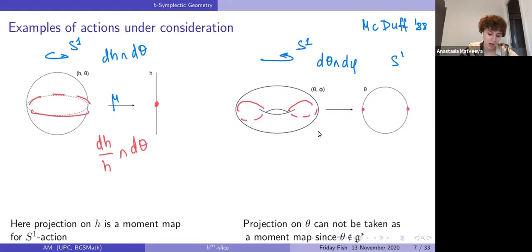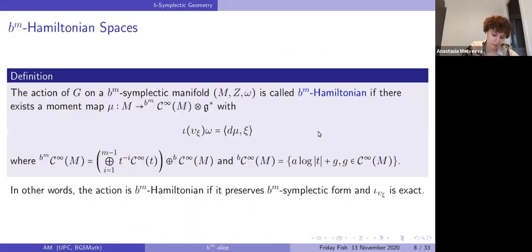So here the map is to, again, the Lie algebra dual, tensored with these kinds of functions that are constructed here in such a way that it's a direct sum of all the negative degrees of the defining function up to m, plus this b c infinity m.